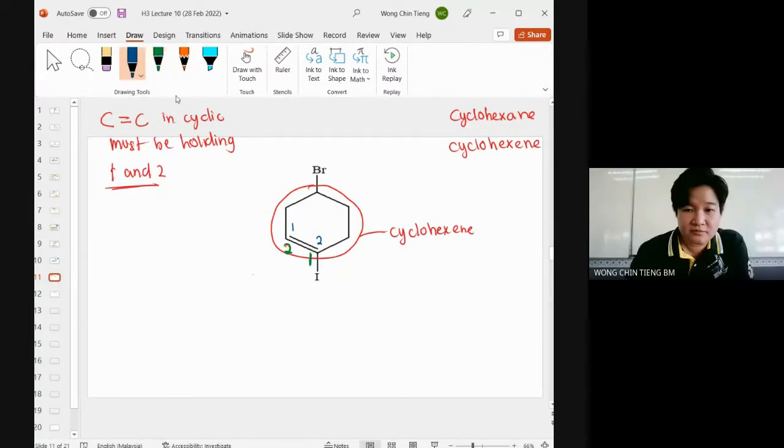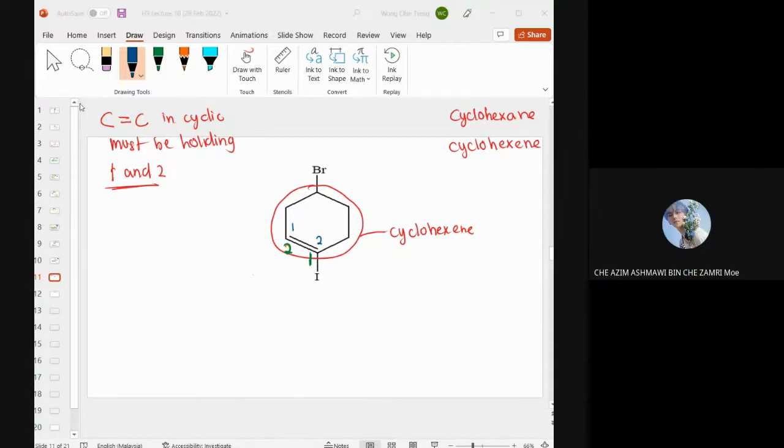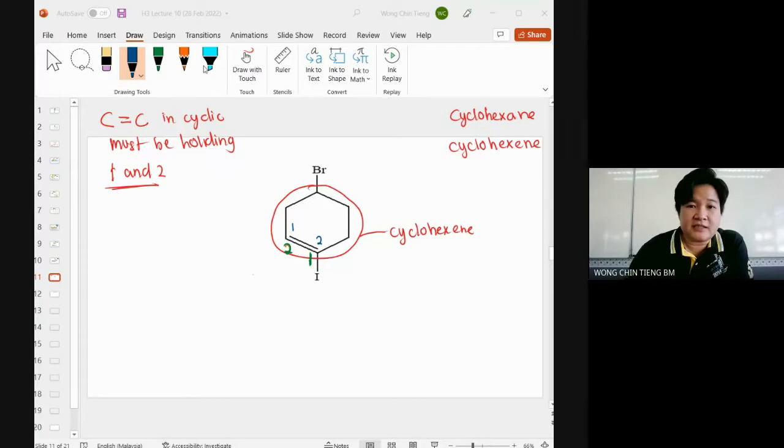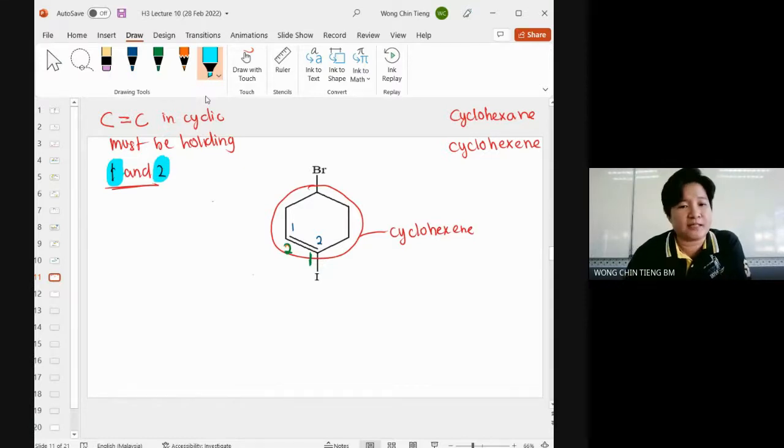Hijau. Kenapa hijau? Sebab dia ada substituent I kat situ. Ya. Dia mesti kena pegang 1 dan 2. Tak boleh lari. Tapi 1, 2 pun ada dua cara. Kiri, kanan atau atas, bawah. Alright. So kat sini kita akan pilih yang warna hijau. Kita akan pilih yang ni.